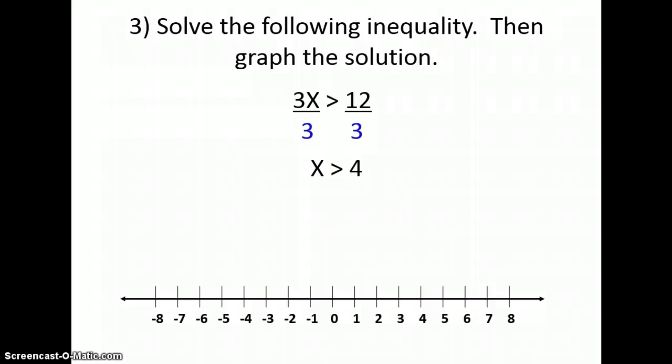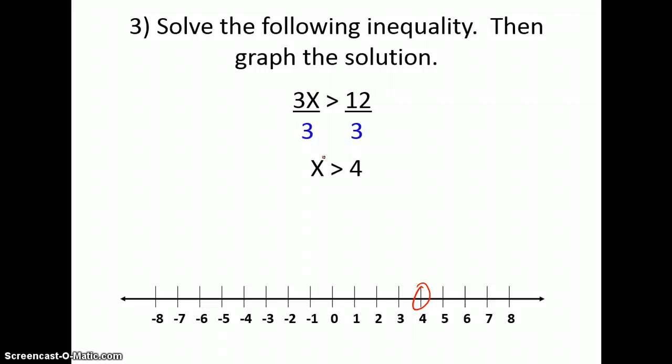When I go to graph it, I start at the 4 and make a circle. Now I ask myself, should I shade that in? Well, can my solution be 4? It cannot, because my inequality says it has to be greater than 4. So it can be any little fraction greater than 4, but it cannot be 4.